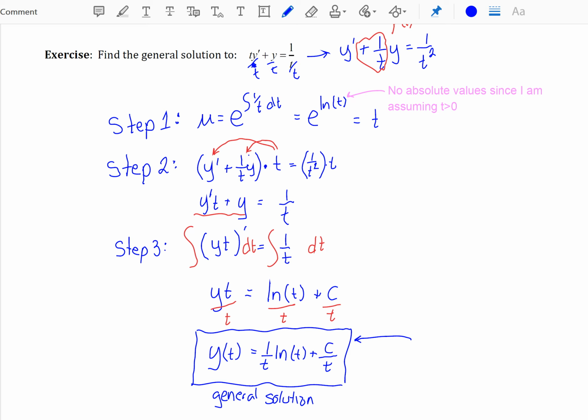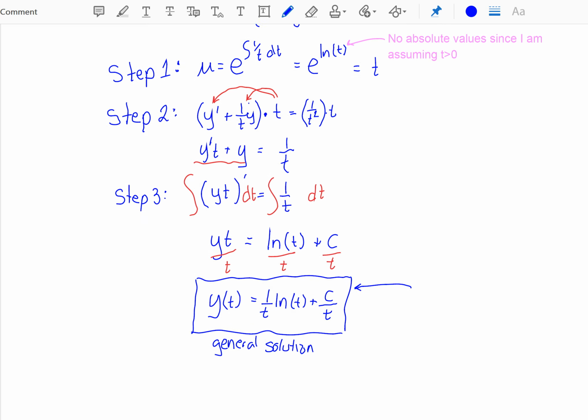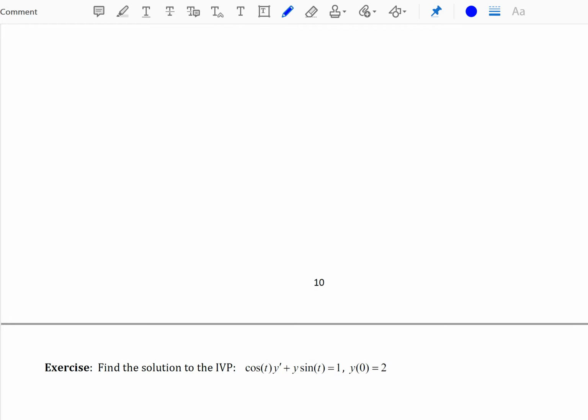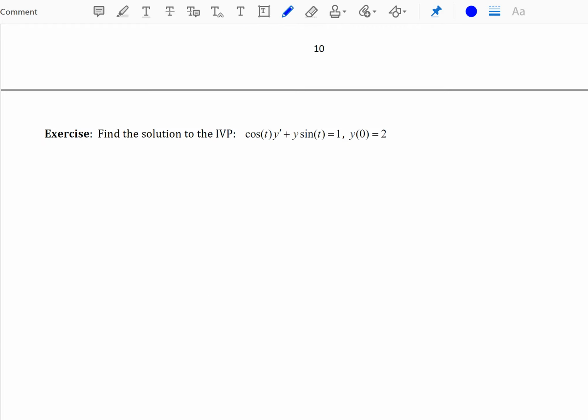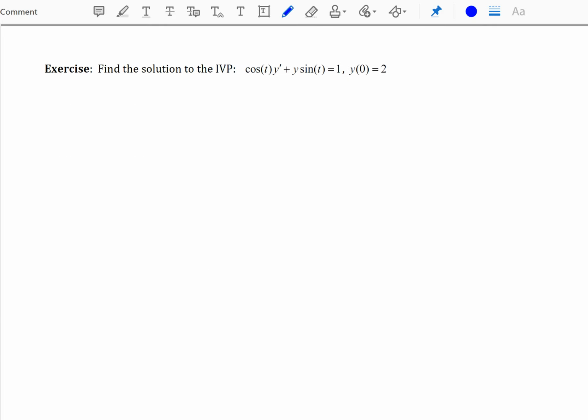Okay. I have one more example for us to look at today. The last one I want to look at is now an initial value problem. Again, I'm hoping when you look at this, you recognize that your given differential equation is not in standard form. So let us first rewrite the differential equation by dividing everything by the cosine of t.